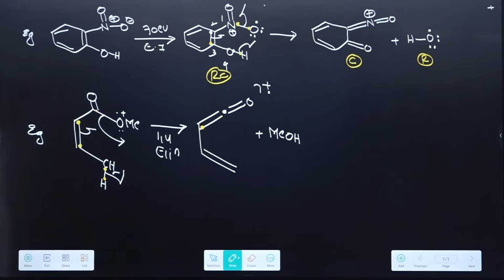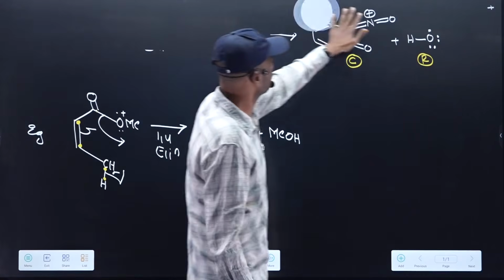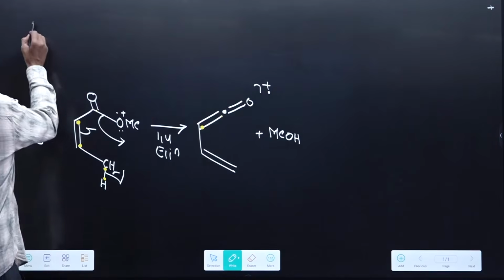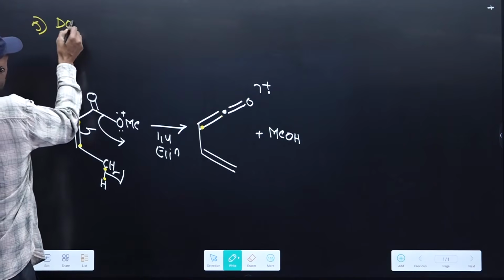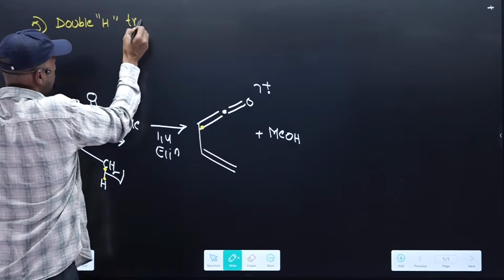That is ortho elimination and 1,4 elimination. So this is one more example for elimination reaction: double hydrogen transfer.